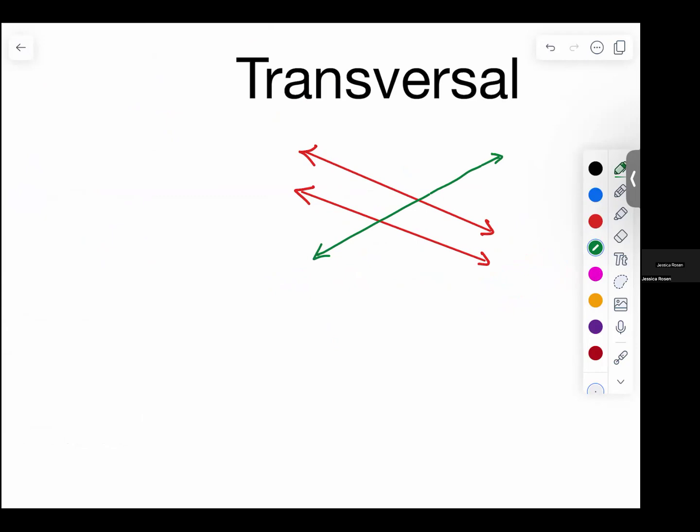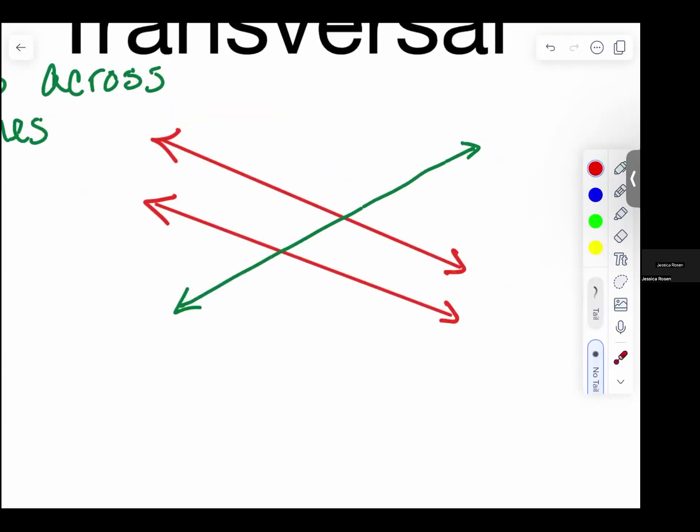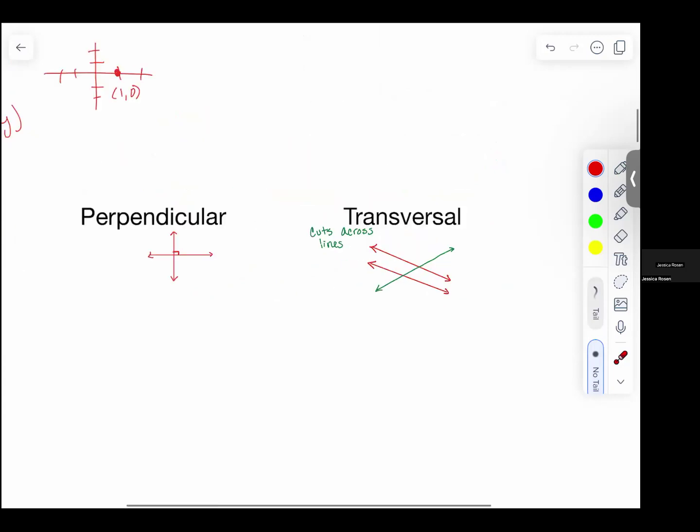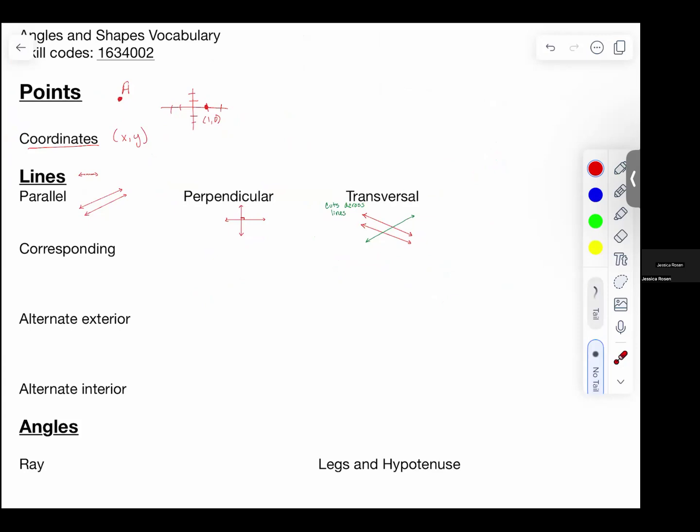So it just basically means it cuts through other lines. Cuts through or across lines. And that just means it's going to make separate angles. So that means I'm going to have an angle here, an angle over here, angles on this side, this side, this side, this side. So a transversal is what's going to cut through other lines to make angles.